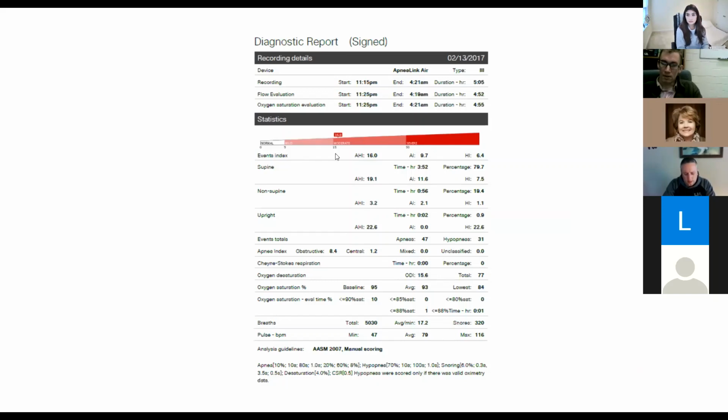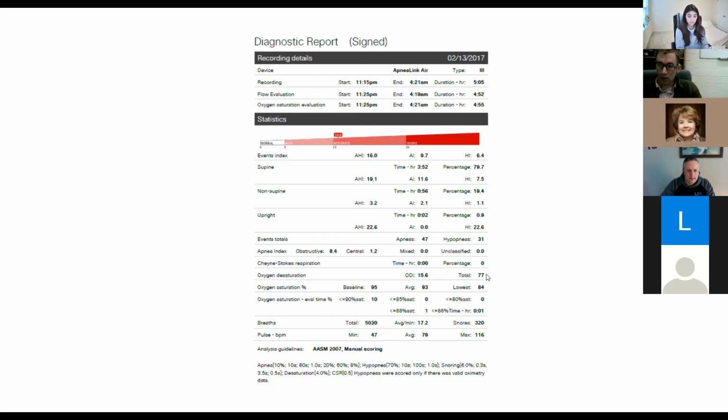So we see in this patient that they had mostly obstructive events. Everybody has a little bit of central apnea, typically during sleep stage transition. So this is someone for whom a primary care physician might order this test and say, hey, this patient has moderate obstructive sleep apnea.